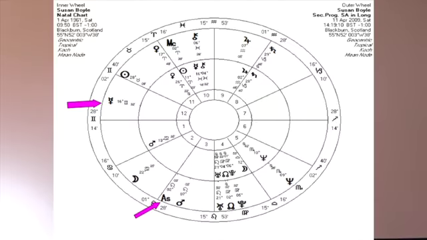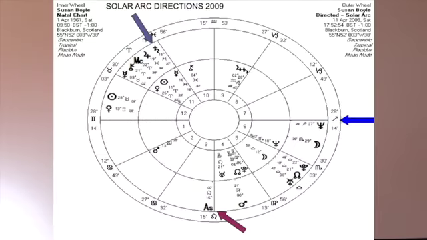The other progression for the year was the progressed Mercury, now at 16 of Gemini, squaring her natal Mercury at 16 of Pisces. So we've got that as a progression. By direction, we've got the directed Neptune has moved from 10 of Scorpio in her 6th house to the descendant at 28 of Sagittarius.